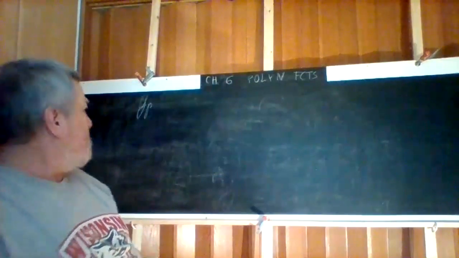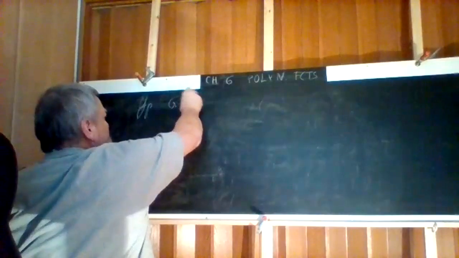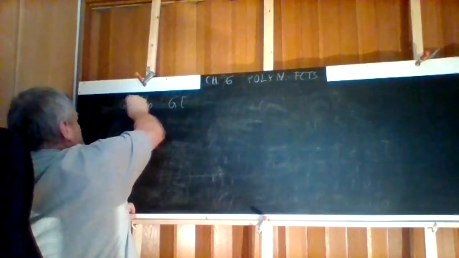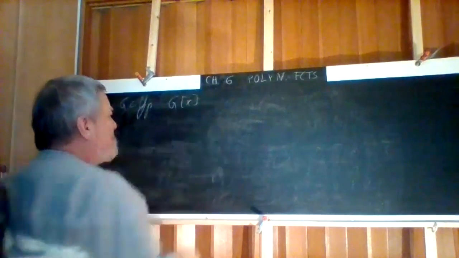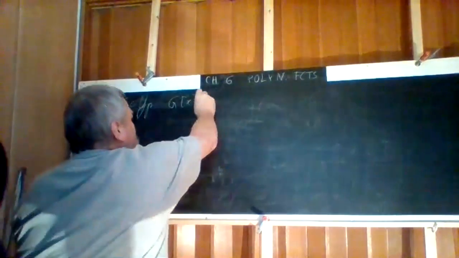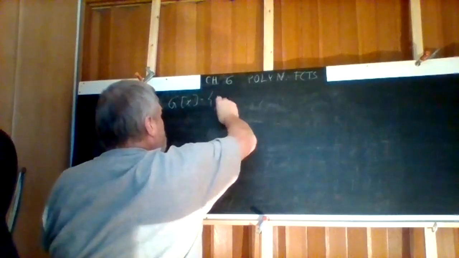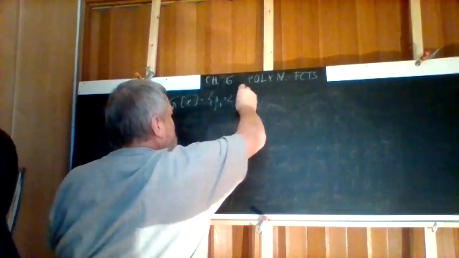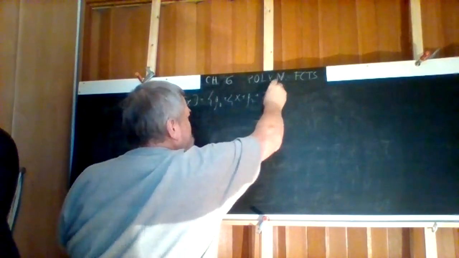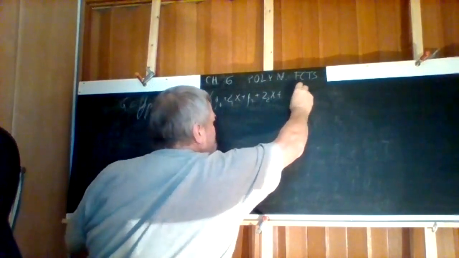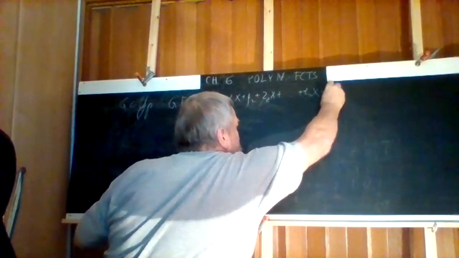You take a group G in the variety of all groups, and then G of X is usually the set of all elements of the form g sub naught plus c1 times X plus g1 plus c2 times X, and so on, up to c sub n times X plus g sub n.